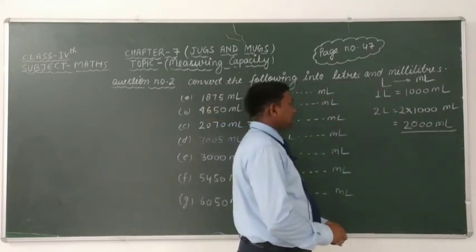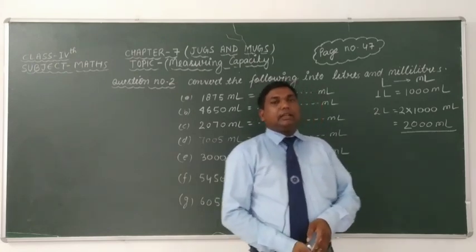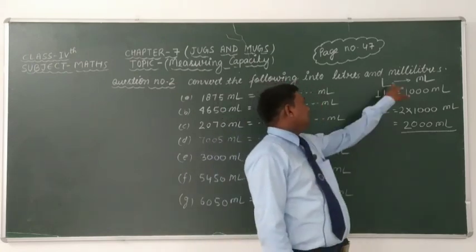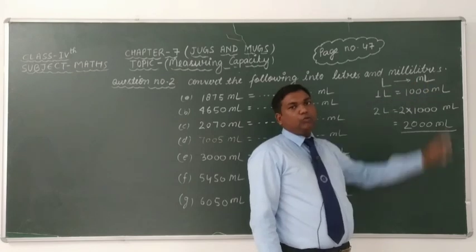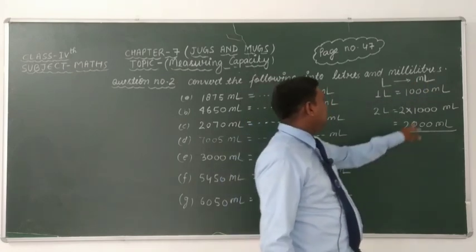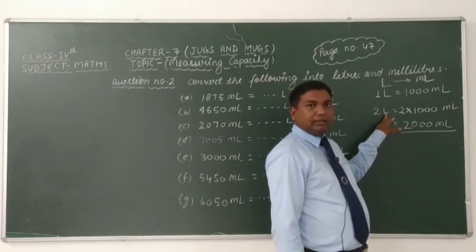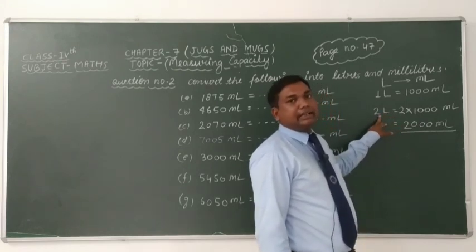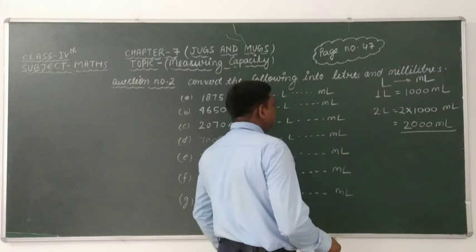Okay students, it means that if we have to convert given liter into milliliter, then we have to multiply the given number of liters by 1000. Understand?